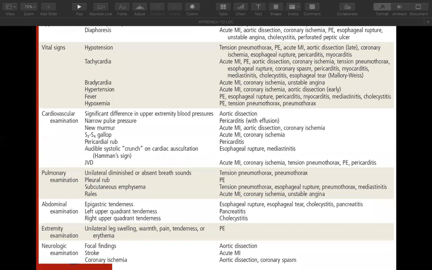You also need to check for valves, as it could lead you to a presentation of acute myocardial infarction, coronary ischemia, or unstable angina. Even if it's only chest pain, you also need to do your neurologic examination and, of course, your abdominal examination.